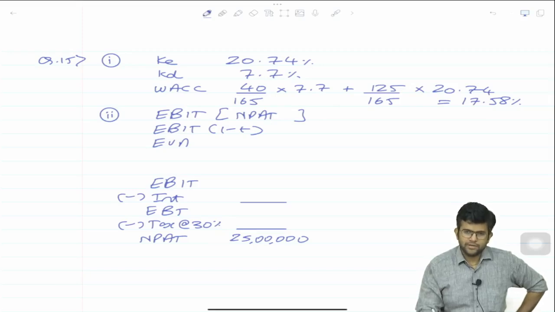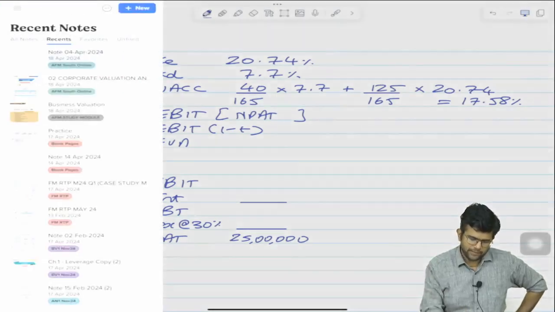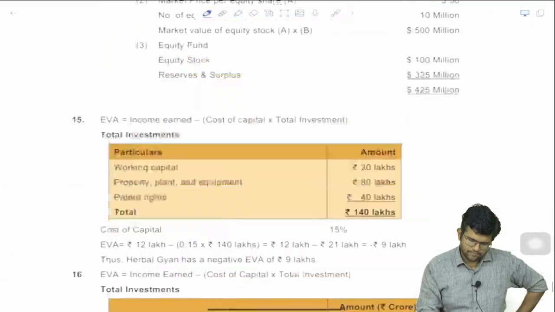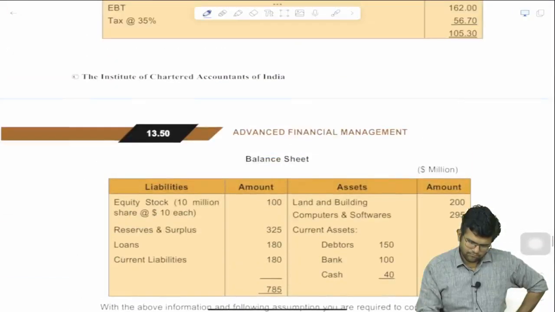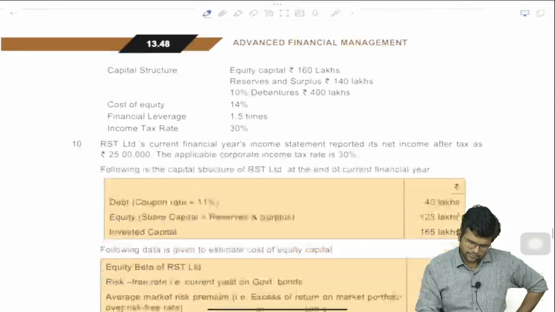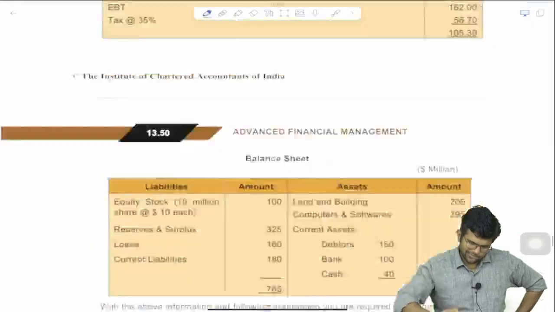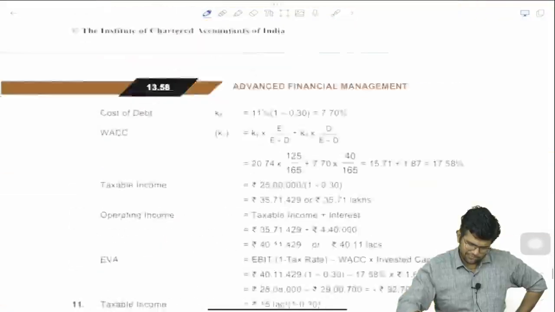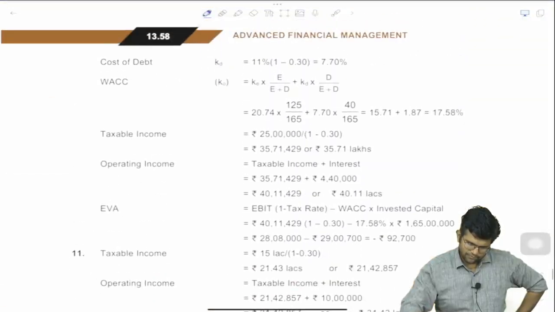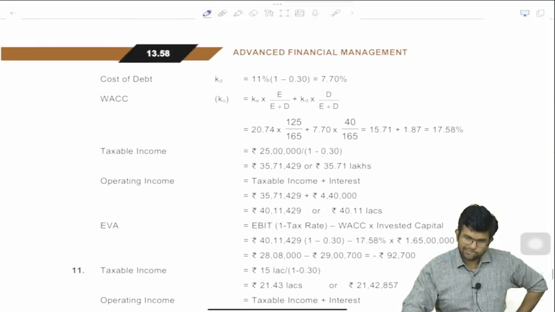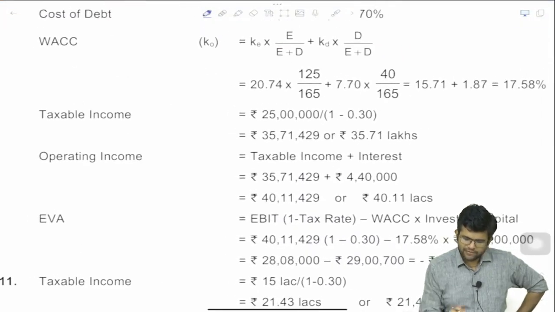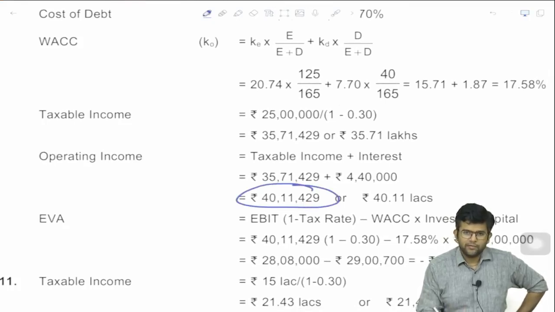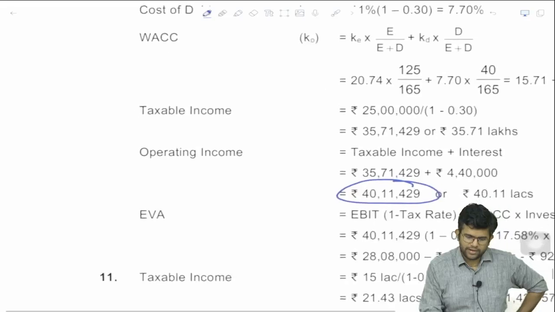If you go reverse, let me know what EBIT you are getting. ICAI is getting something like 40 lakh 11,429.